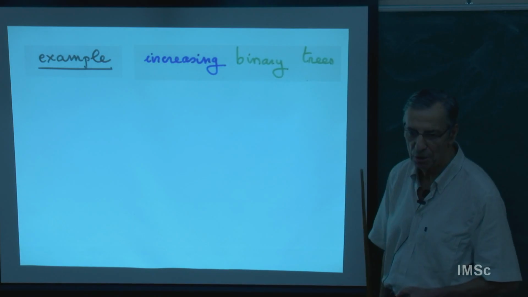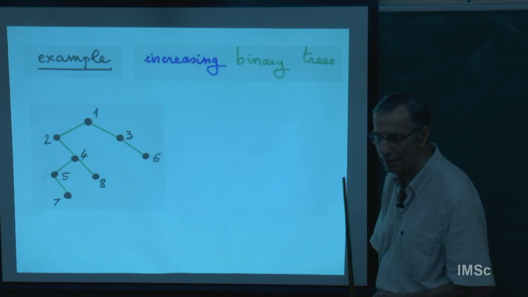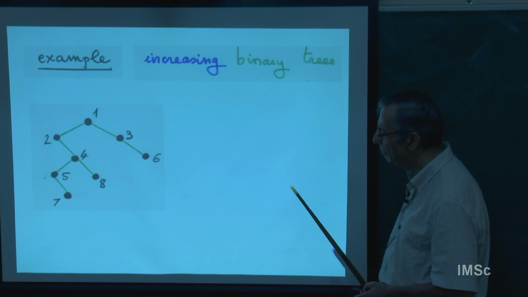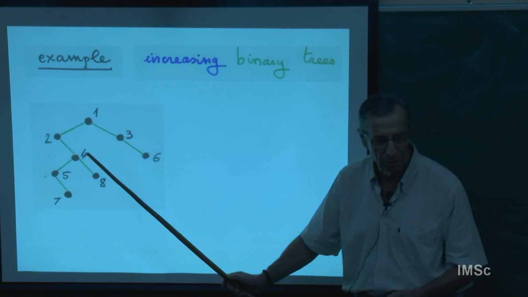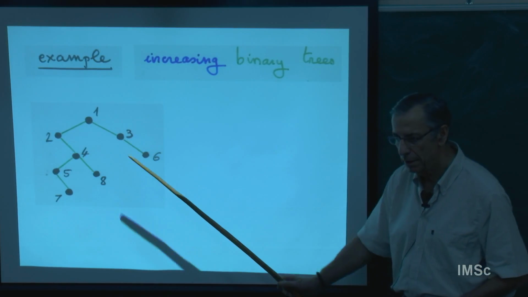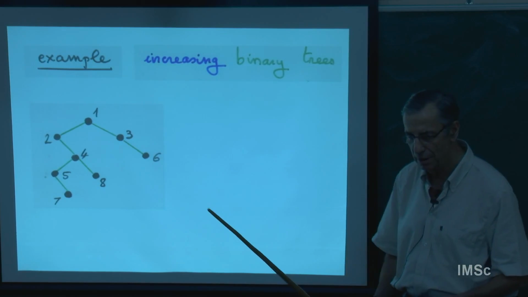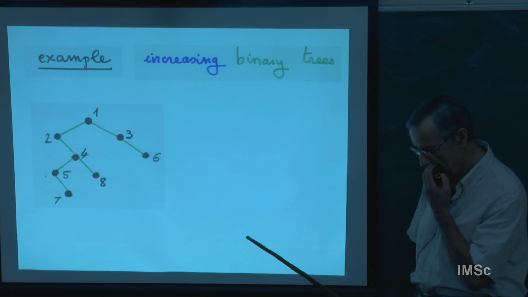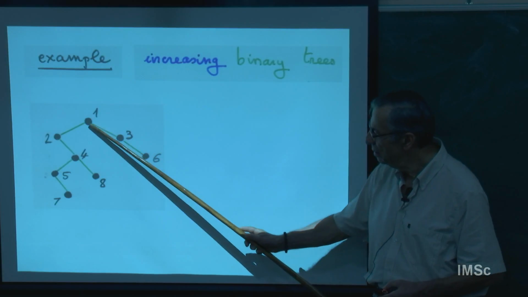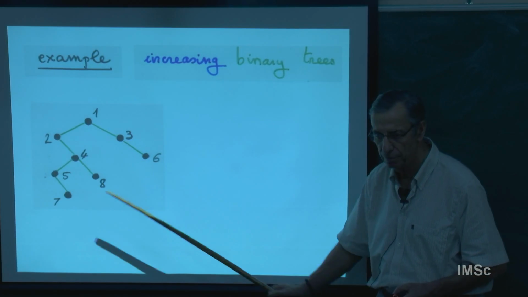In this class, you will see next week, a lot of times you will see this example, increasing binary tree. So take a binary tree, counted by Catalan numbers, and put some labels on the vertices. Labels are 1, 2, 3, 4, 5 until n. Each integer appears once and only once. And the condition is that the labels go increasing when you go from the root going down in the tree.